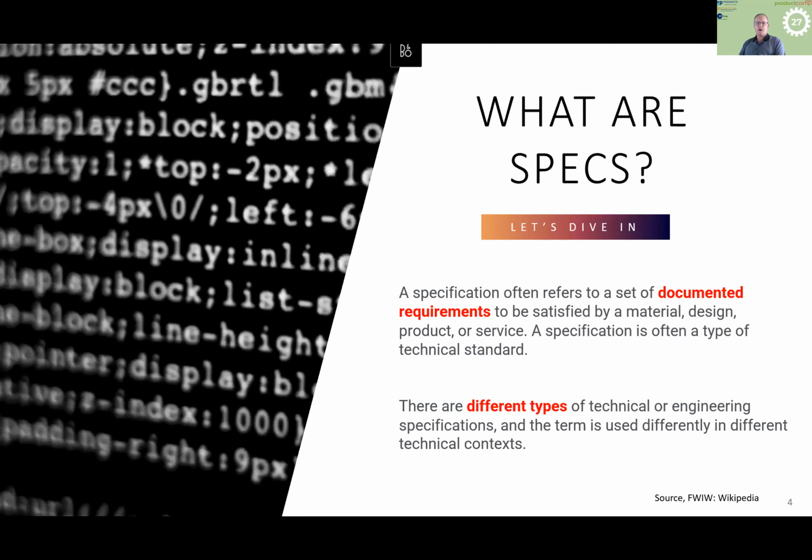So what I want to talk about really is the difference between design specifications and what you saw earlier, performance specifications. First of all, specs are documented requirements.